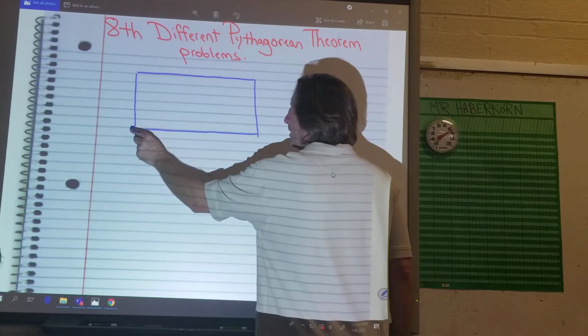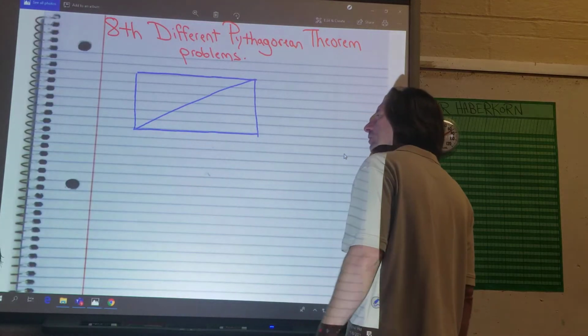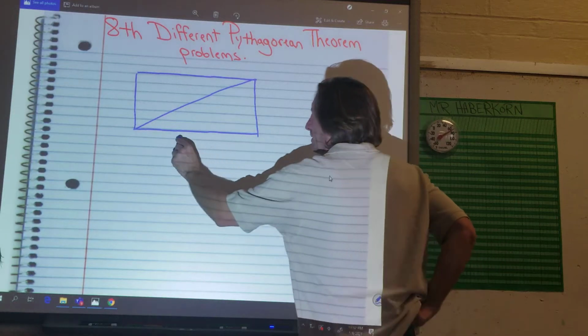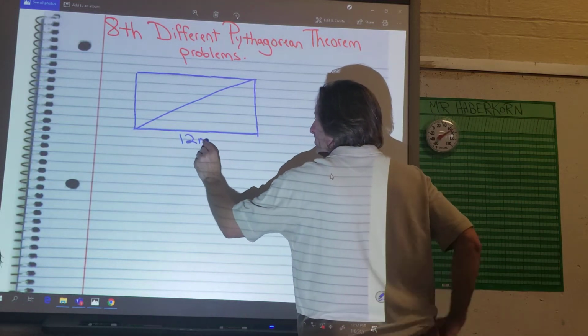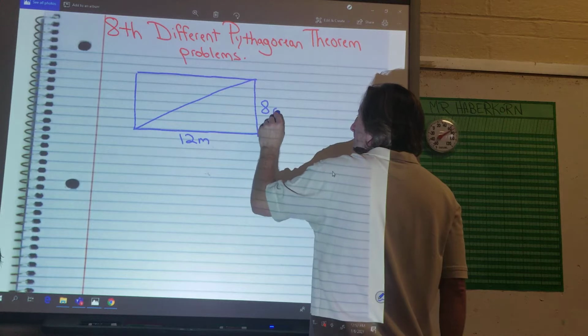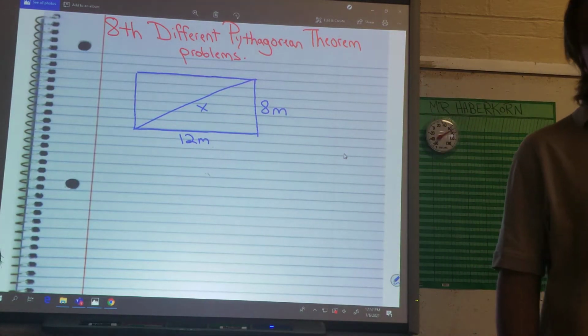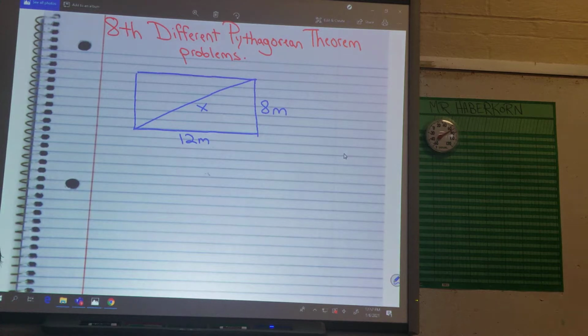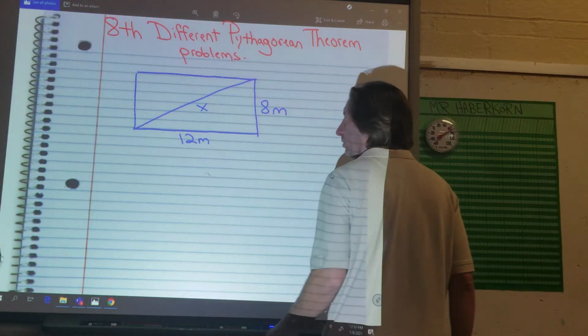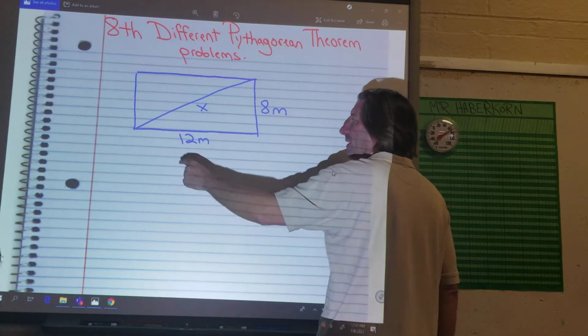is when you have a rectangle and a line going through it. They may say the length of the rectangle is 12 meters, the height is 8 meters, how long is the diagonal? Well, when we see a problem like this, it's just a regular Pythagorean theorem problem. All you have to do is erase half of this rectangle.